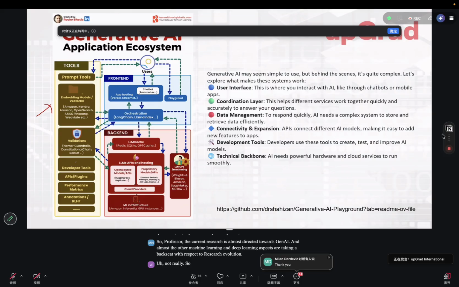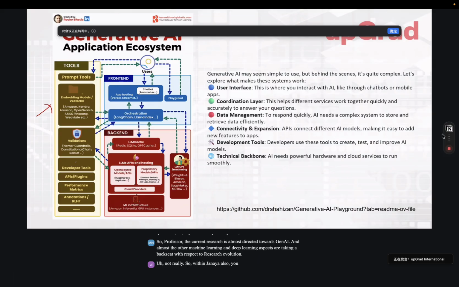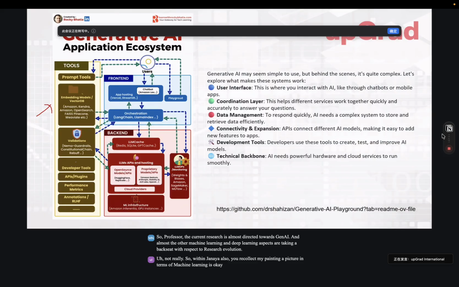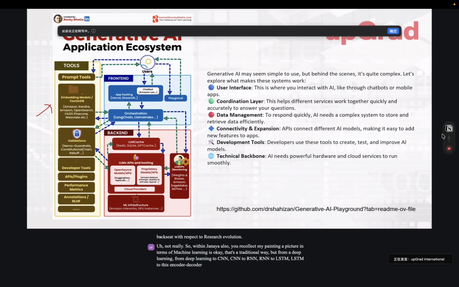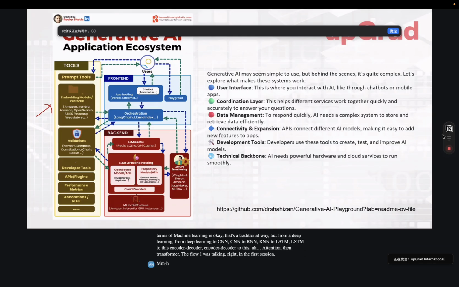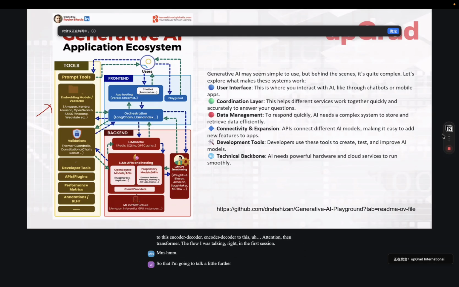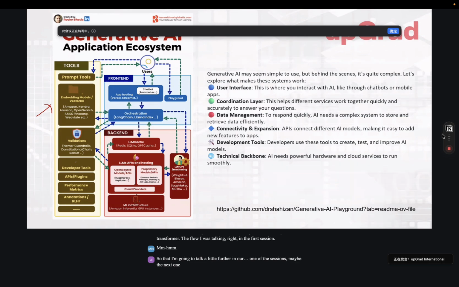Within Gen AI also, you recollect my painting a picture: machine learning is the traditional way, but from deep learning to CNN to RNN to LSTM to encoder-decoder to attention, then transformer. That is the flow I was talking about in the first session. I'm going to talk about that a little further in one of the sessions, maybe the next one. That will give you an understanding of what fundamentals we are using to go into Gen AI.